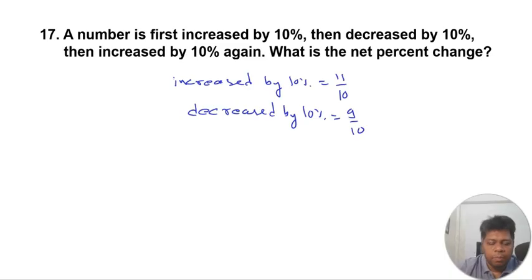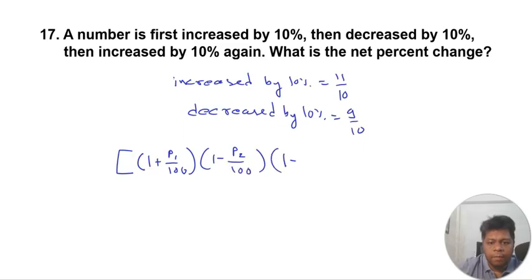So you remember the formula. So for increase, 1 plus P1 by 100. Then next one is decrease, and 1 plus P3 by 100. Okay, minus 1 into 100.